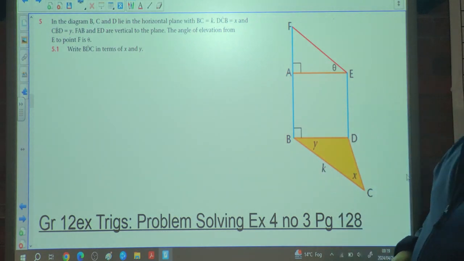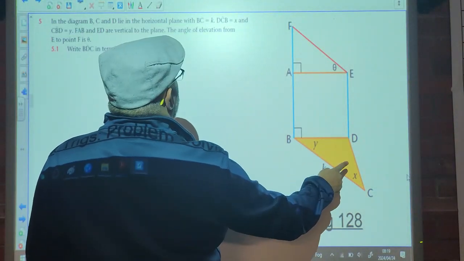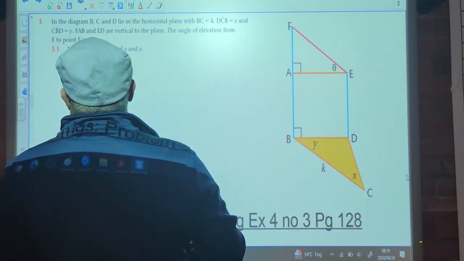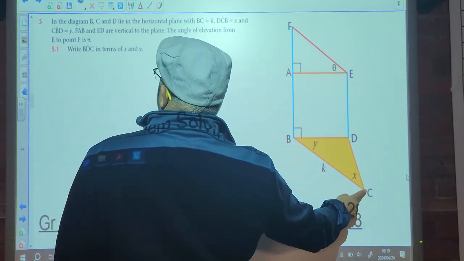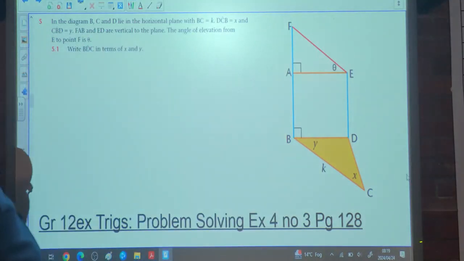So we assume that's on the ground. With BC equal K and DCB equal X and CBD equal Y. It means that if AB and ED are vertical to the plane, which means to say it stands 90 degrees to the horizontal plane as indicated at angle B there.